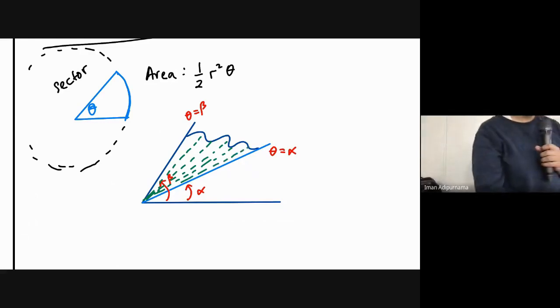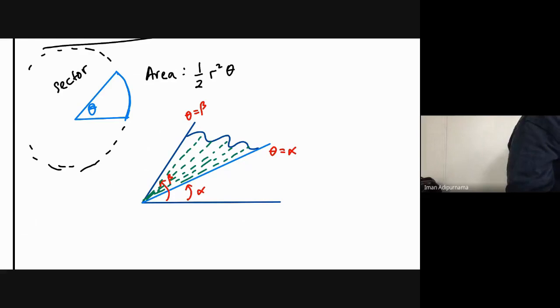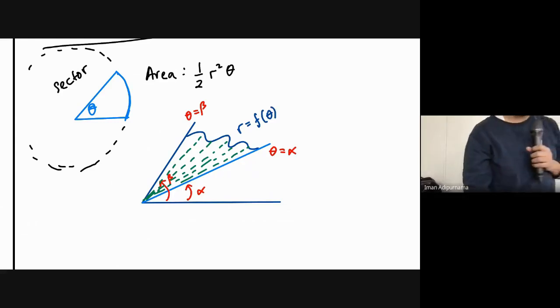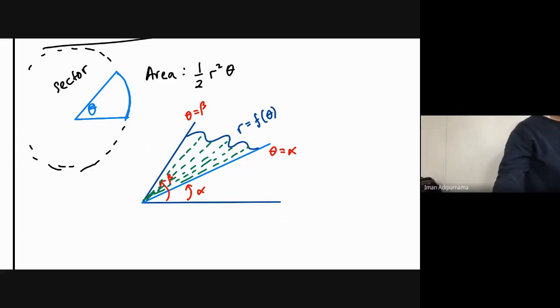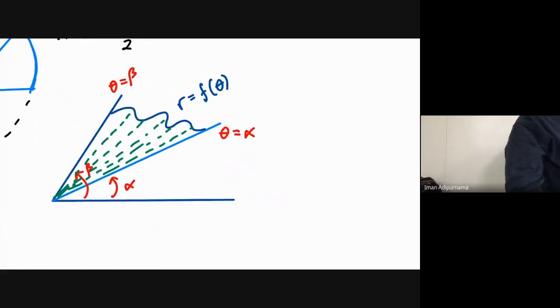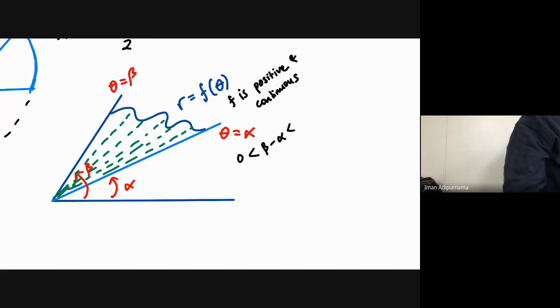Okay. Now this has some r as a function of theta. And let me write that f is a positive and continuous function, and we start from 0 until 2 pi.